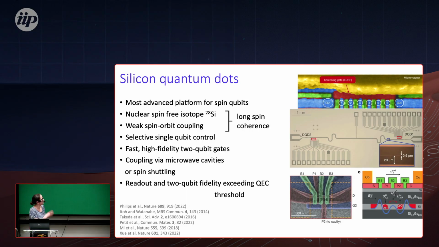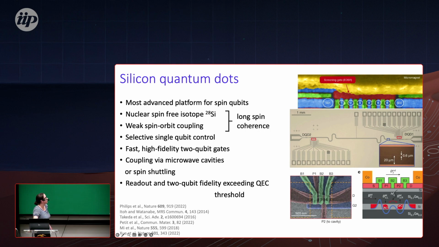The record now is maybe around 6 qubits, but the problem with a realistic system is that there's no topological protection. The problem you have with nuclear spin noise we can get rid of if we consider silicon isotopes which have no nuclear spins. But the problem is also that it has very weak spin-orbit interaction, so you also don't couple strongly via charge noise, and this makes for very good spin coherence.